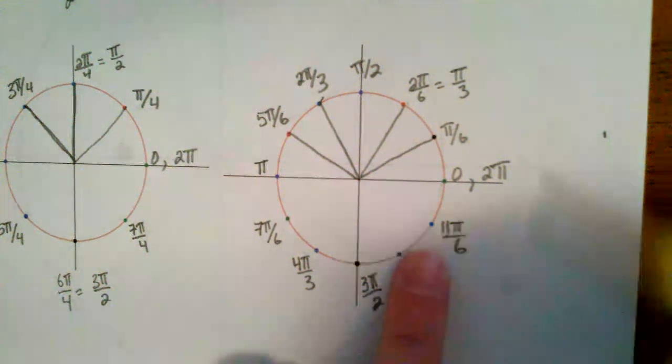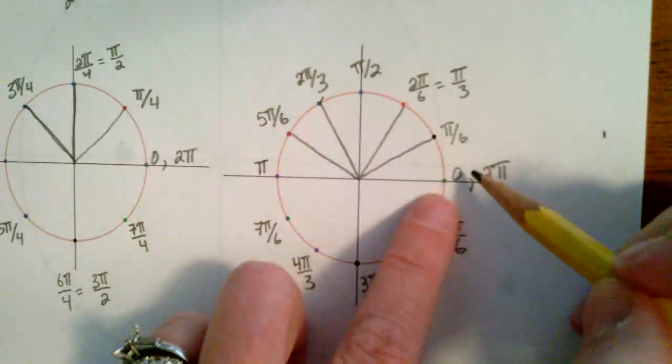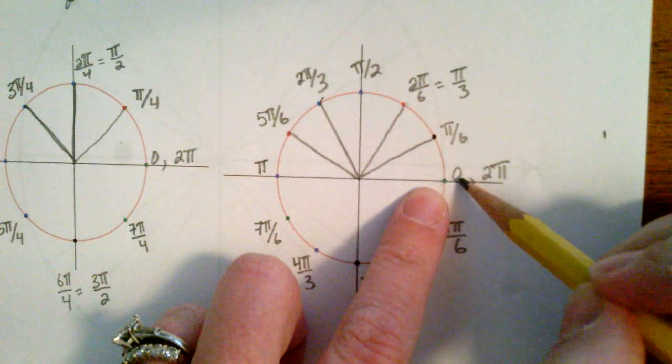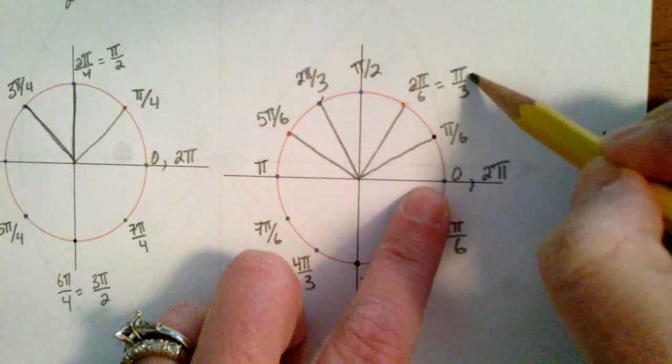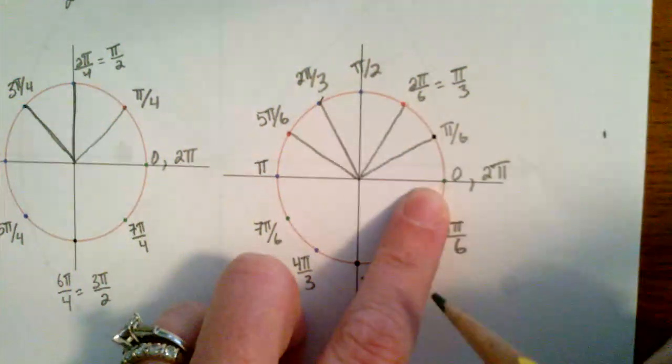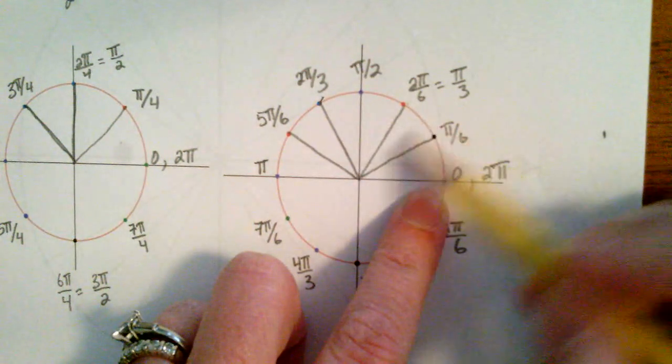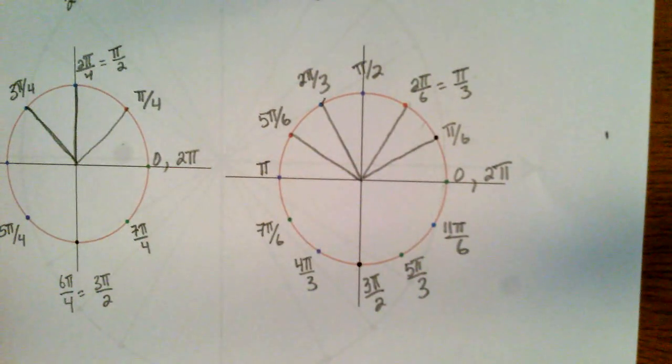Okay, these numbers are going to be really important. 0, pi over 6, pi over 3, pi over 2. And there's going to be a pi over 4 in the middle. Okay, but hopefully seeing how I got these numbers will help you when you get to the unit circle.